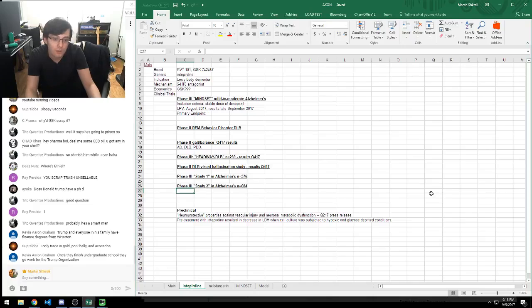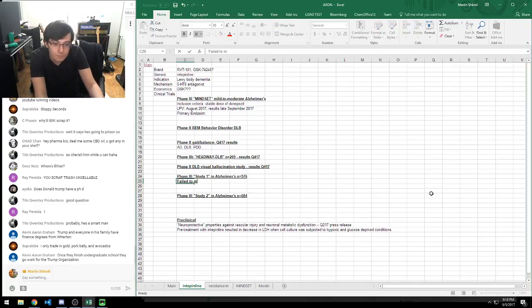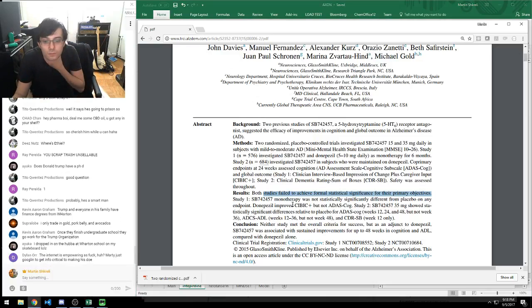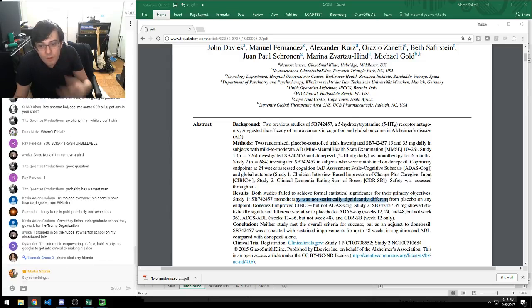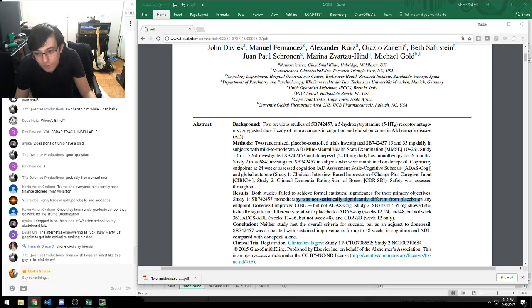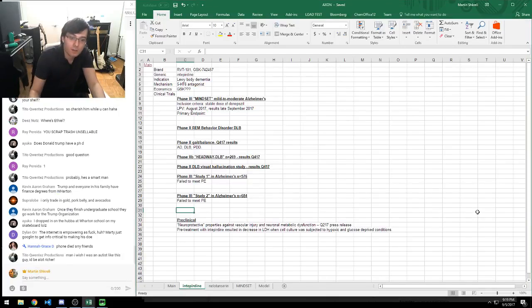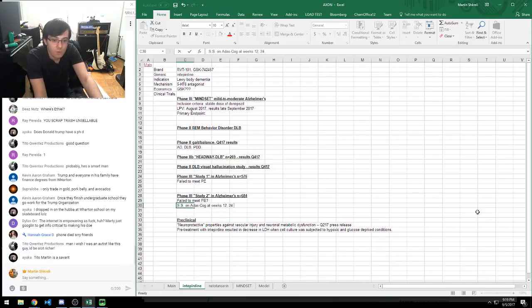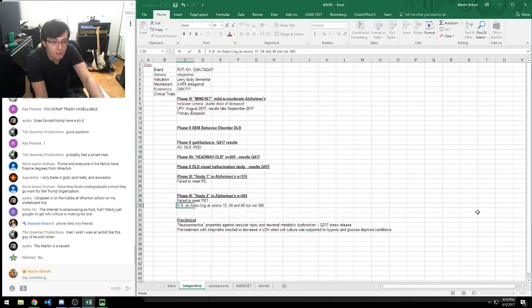Okay, well, that's not good. 457 monotherapy was not statistically significantly different from placebo on any endpoint. 35 mg showed statistically significant differences relative to placebo for ADAS-Cog at weeks 12, 24, and 48. Stat sig on ADAS-Cog at weeks 12, 24, and 48, but not 36.